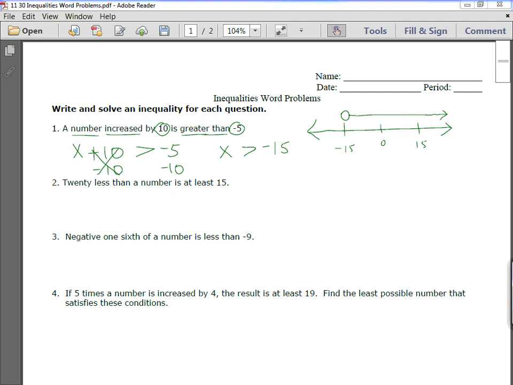That means greater than. So x does not equal -15 is this circle, an open circle. And then this is greater than. That's the line.